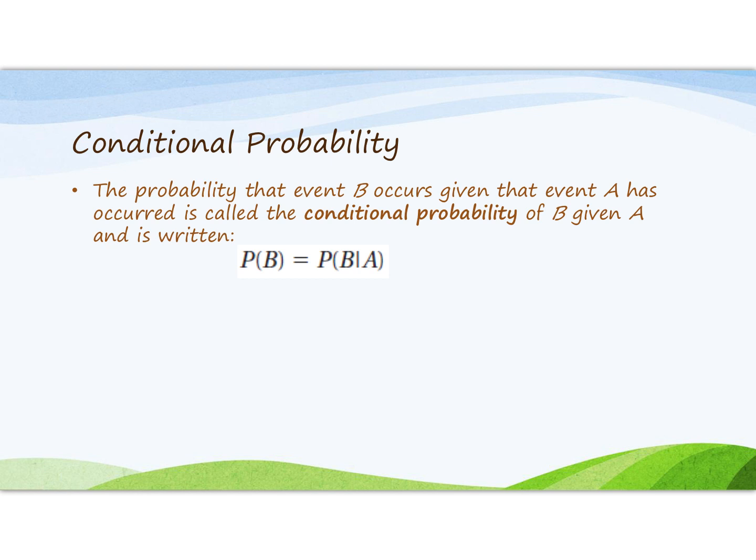So when we try to find the probability that an event is going to occur, given that something else has already happened, that's called a conditional probability.